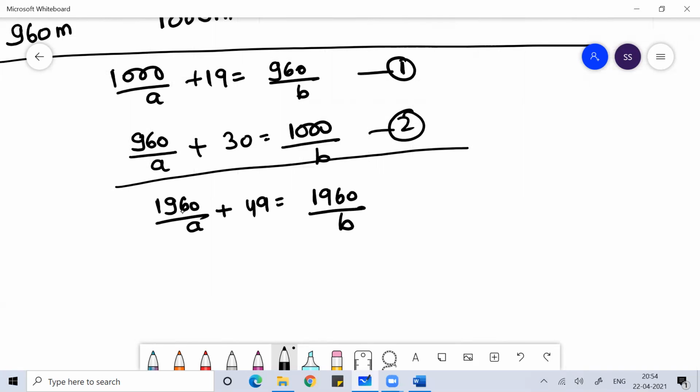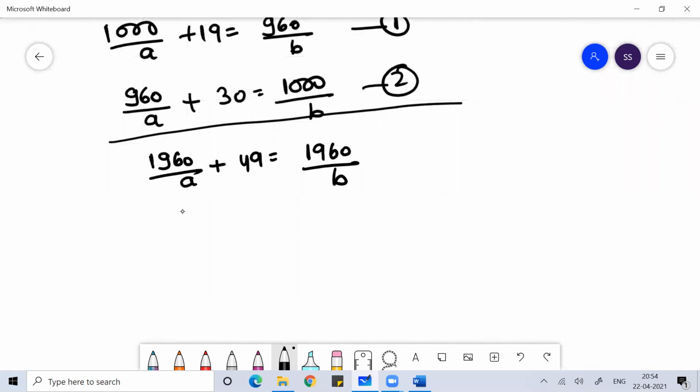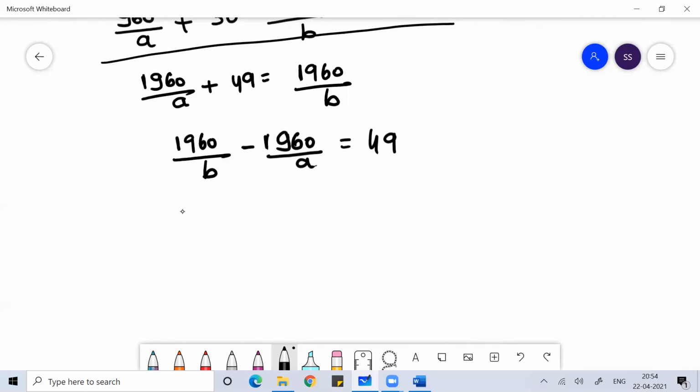So if I divide both numerator and denominator, I can say 1960 by b minus 1960 by a is equal to 49. If I take 1960 common, I can say 1 by b minus 1 by a is 49 by 1960.